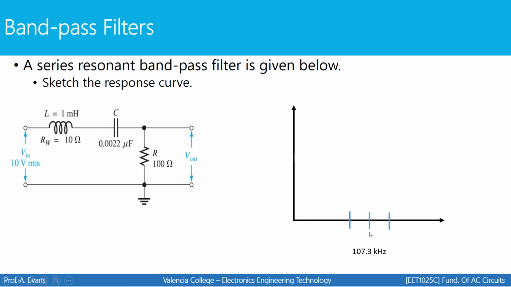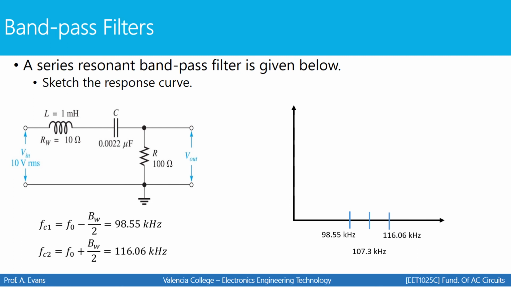So this is the middle of the bandwidth, and I know the entire bandwidth is 17.5 kilohertz. To find my two critical frequencies, I'm going to take the center frequency plus or minus the bandwidth divided by 2. Take the bandwidth and cut it in half. I have to go forward by that amount and backward by that amount so that this entire window represents my bandwidth. So these are my two critical frequencies. Notice that they are exactly 17.5 kilohertz apart.